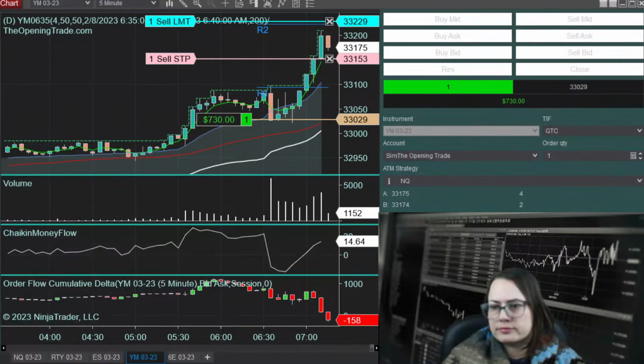Once I see it moving, trying to find its support again to go the other way, I just need it to go up just a bit more. We're so close. We've been in this trade so long.